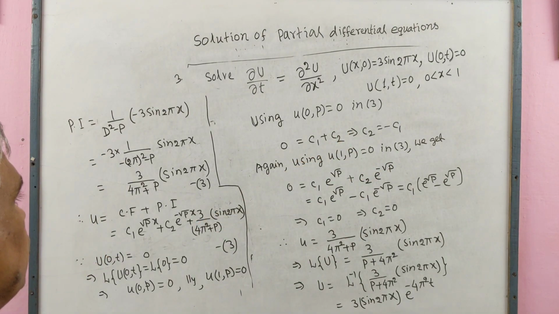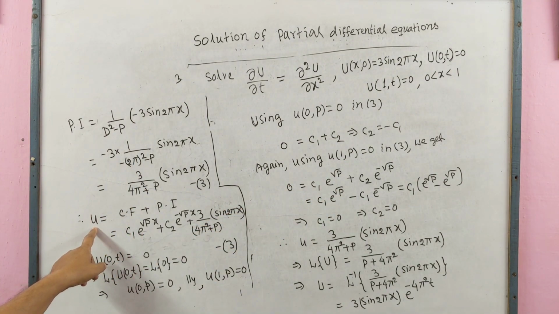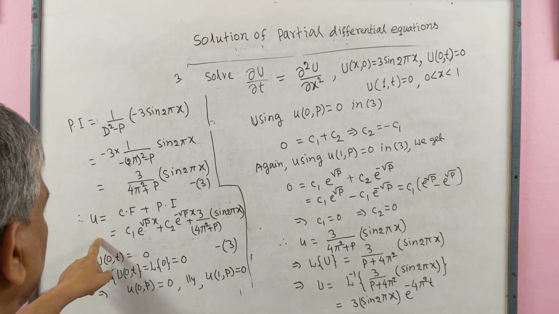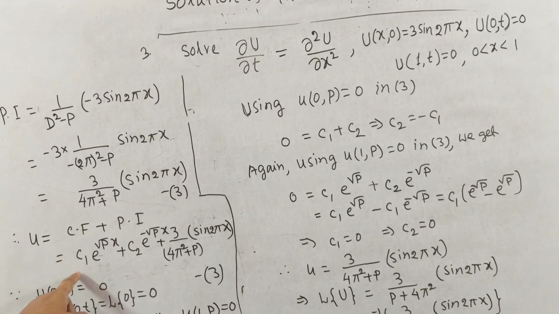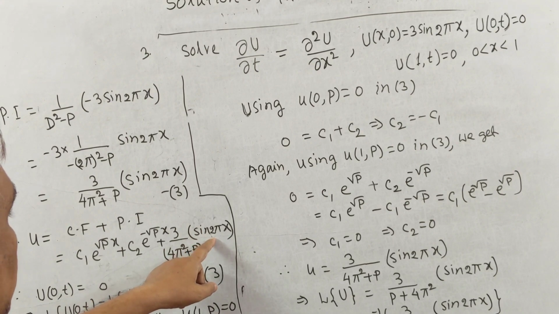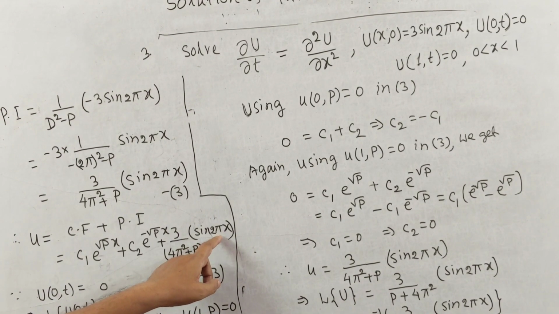Again using small u(1,p) in 3, the value of x is 1. So the left side is 0, and we have c1 e^(√p) + c2 e^(−√p), and sin 2π into 1, with sin 2π equal to 0.